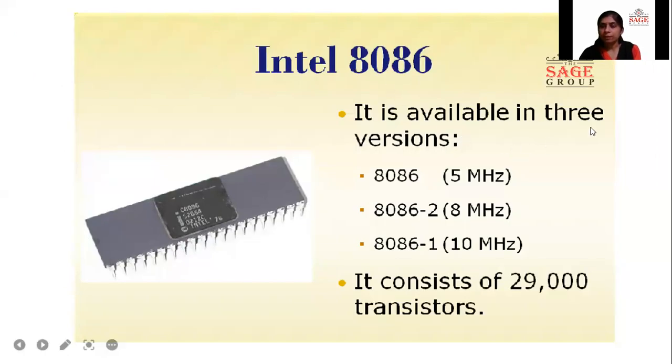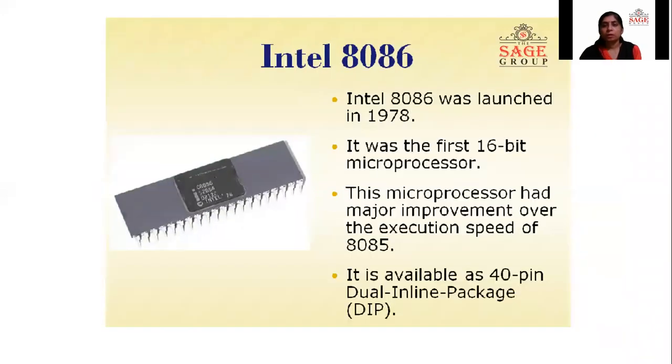It is available in three versions: 8086 at 5 megahertz, 8086-2 at 8 megahertz, and 8086-1 at 10 megahertz, and it consists of 29,000 transistors. It was launched in 1978.